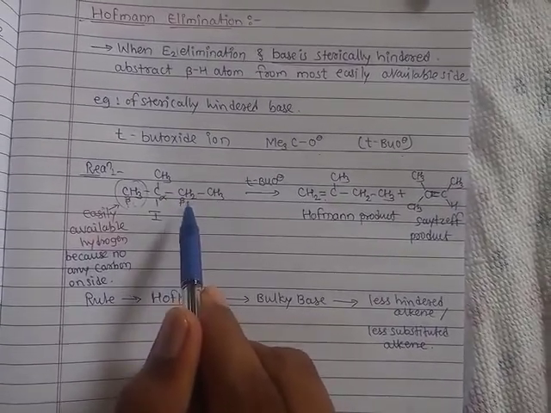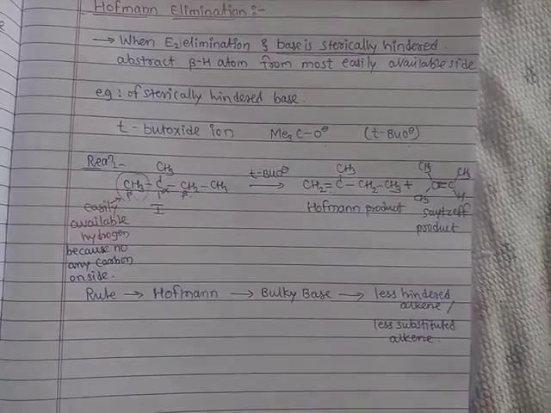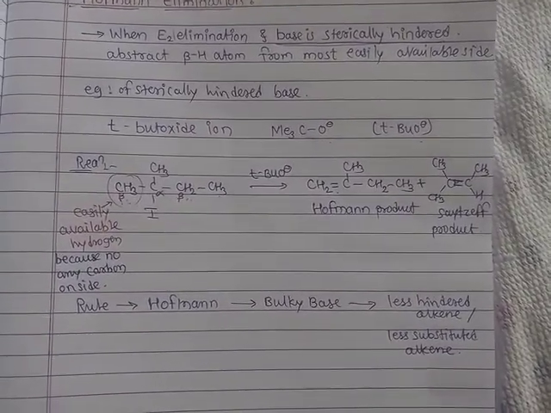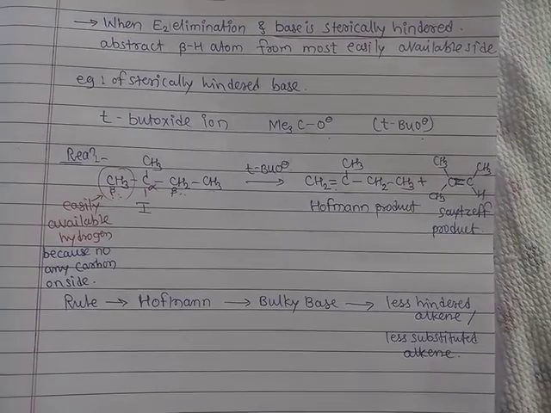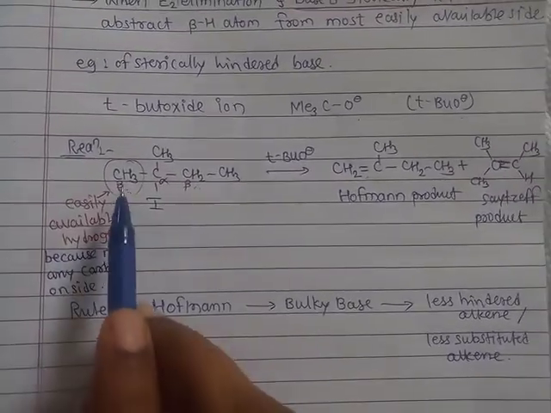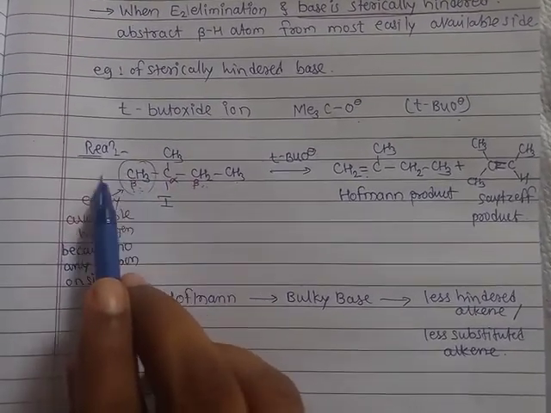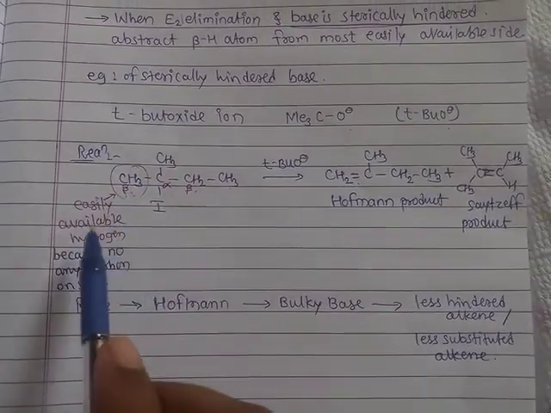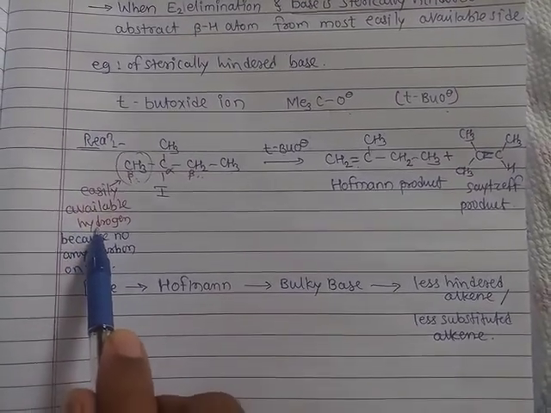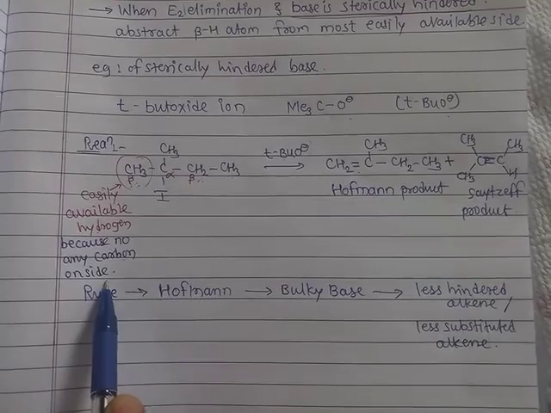Because this carbon is directly attached to another carbon, but on the opposite side the carbon has no other carbon atom present. From this side, there is only this directly attached carbon, nothing other than this. So the hydrogen is easily available from this side because no other carbon is present.